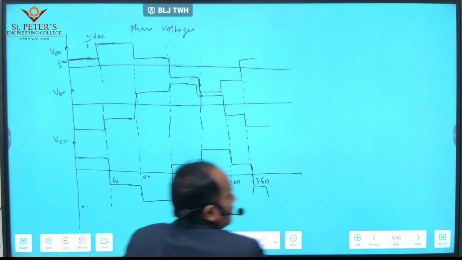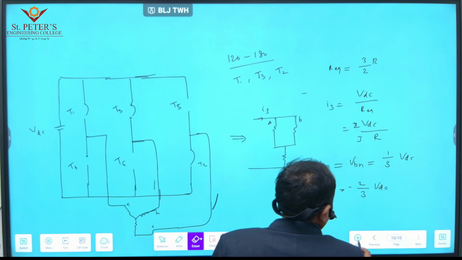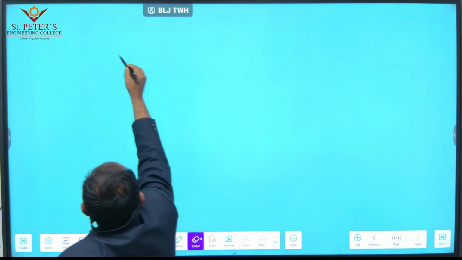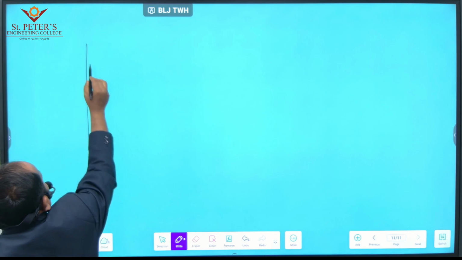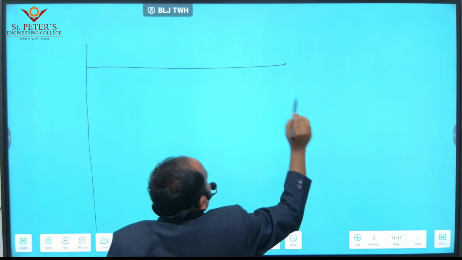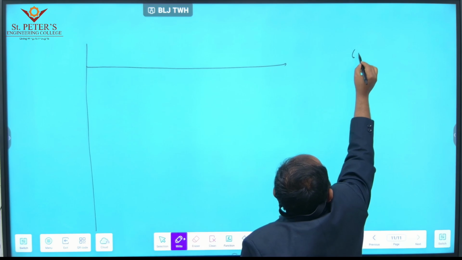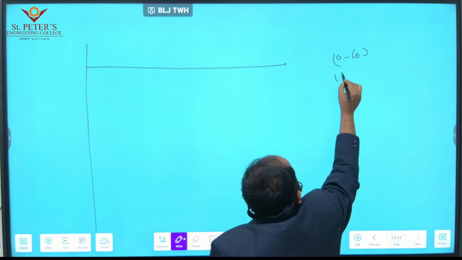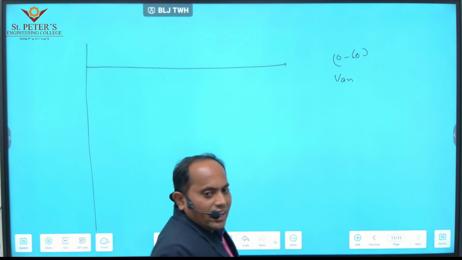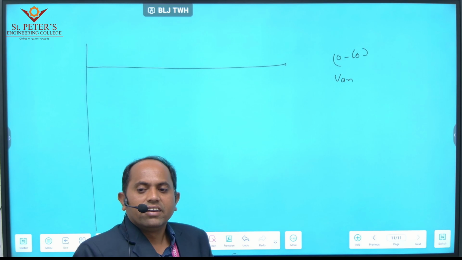We have to calculate the line voltages, first from 0 to 60. What about VAB? What is line voltage actually? The line voltage is nothing but the voltage across any two phases.